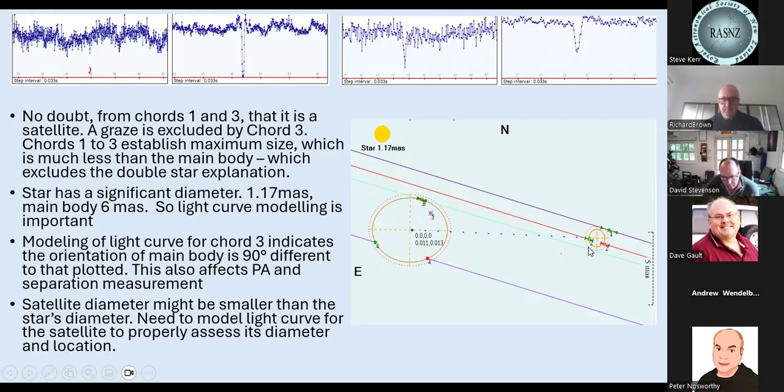If it's oriented that way, that makes more sense than if the asteroid is oriented that way. And I think that's it. I hope that gives an indication of the complexities that can arise with satellites. It's not straightforward. Sometimes it can be, and other times it takes weeks or months to work through it all.